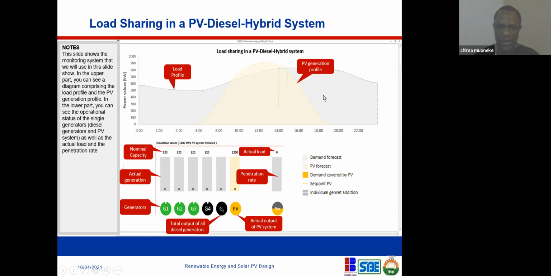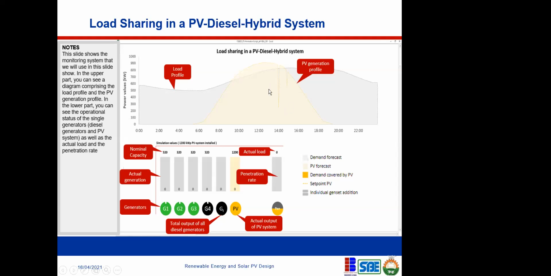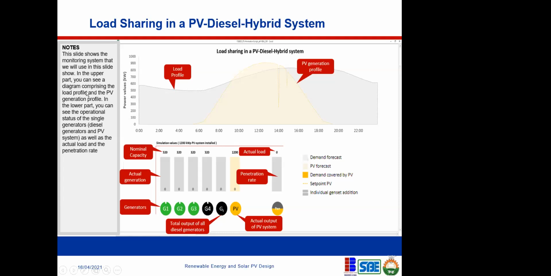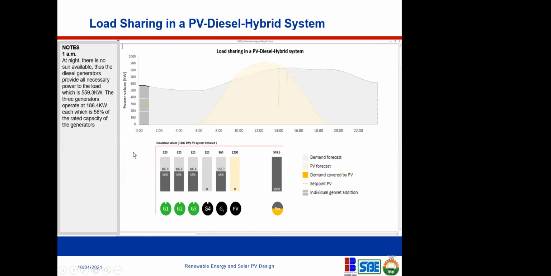So I just want to walk us through this platform before we start the simulation. The slide shows the monitoring system that will be used in this slideshow. In the upper part of it, I've explained all of this already. So let's just go ahead.